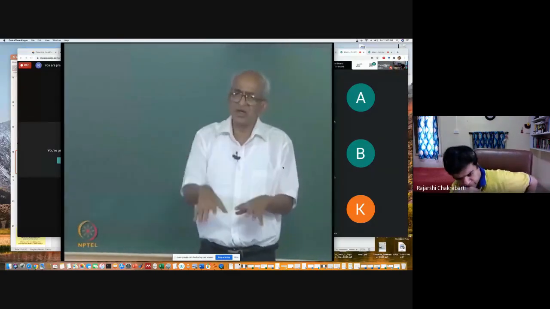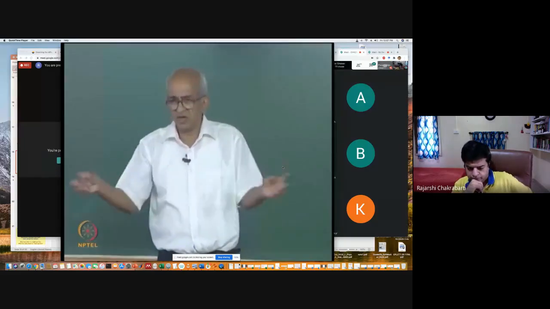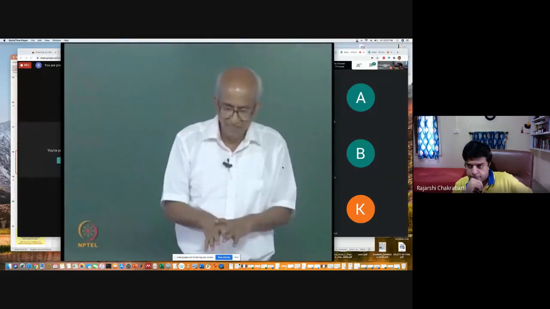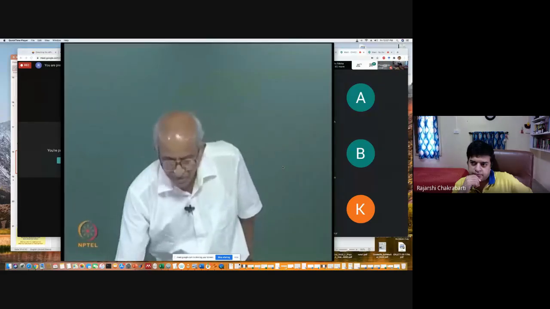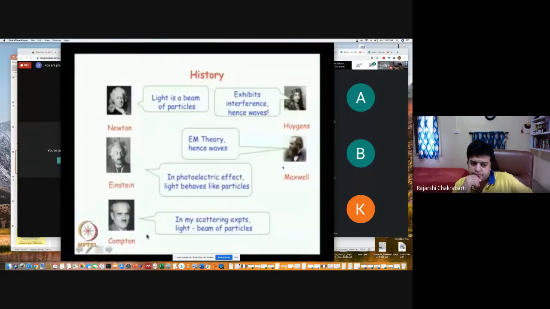They collide with the electrons of the metal, something like the collision between two particles. And all the experiments could be explained using a particle picture. But then, of course, it is also known that light exhibits the phenomenon of interference, and therefore it has a wave nature, and therefore scientists were very puzzled.